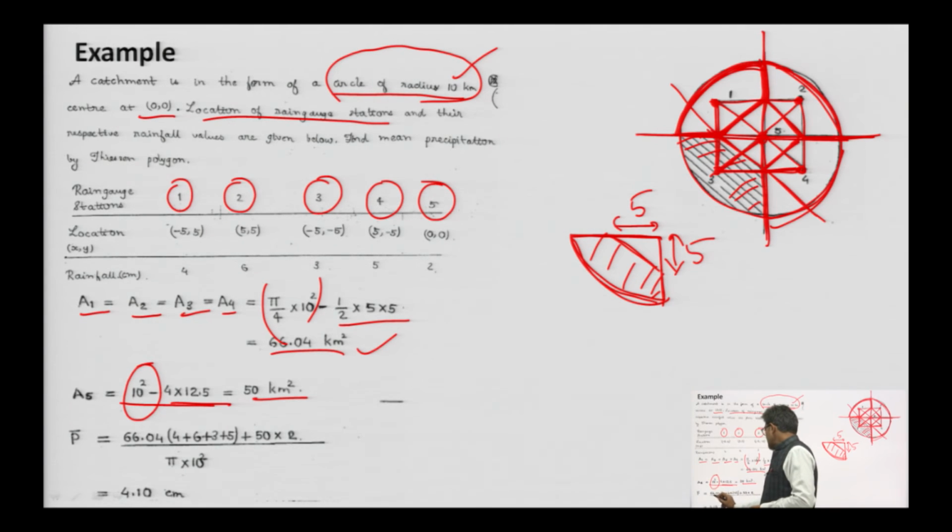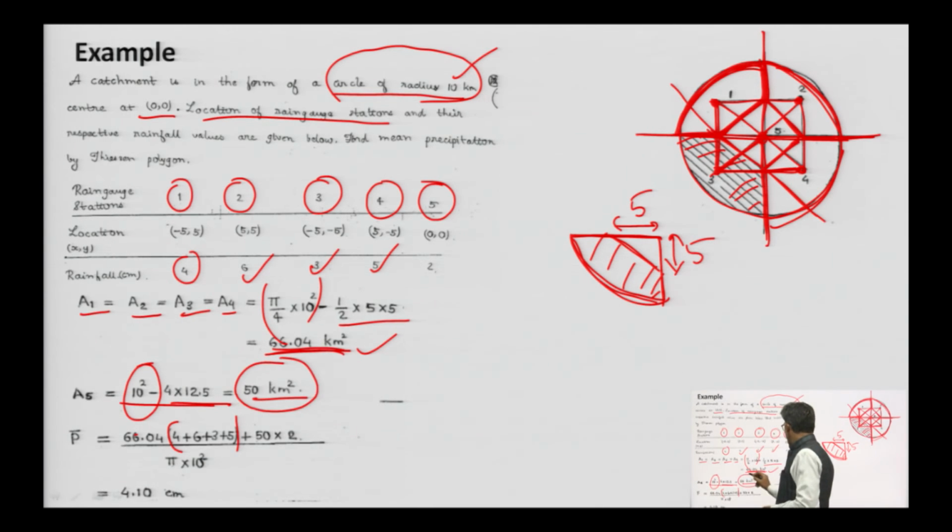66.04 multiplied by the precipitation collected at these points, which are 4 plus 6 plus 3 plus 5, plus the last one, which is station 5.